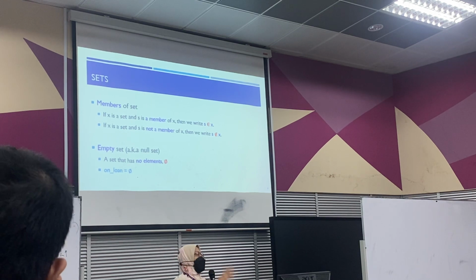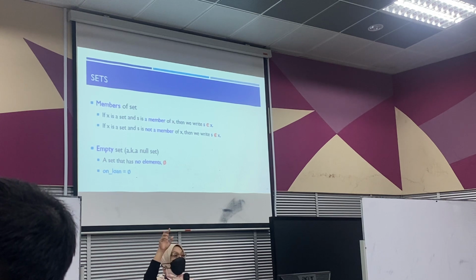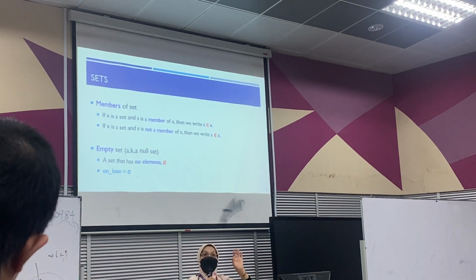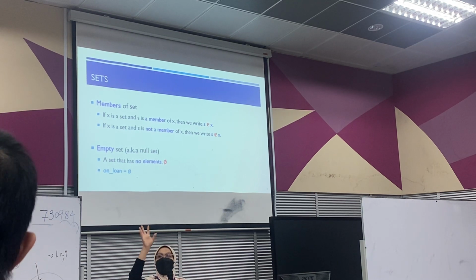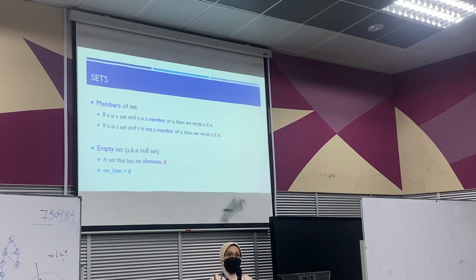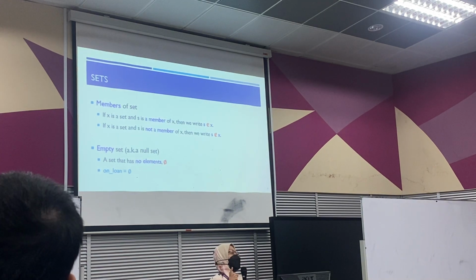If the customer that you want to add is Alan, and I have Alan in my database already, then it exists already, you cannot add. But if you want to add Alan and Alan is not in your database yet, then you can add Alan into the database. Because with a set, you cannot duplicate data. So you have to make sure that the data does not exist.